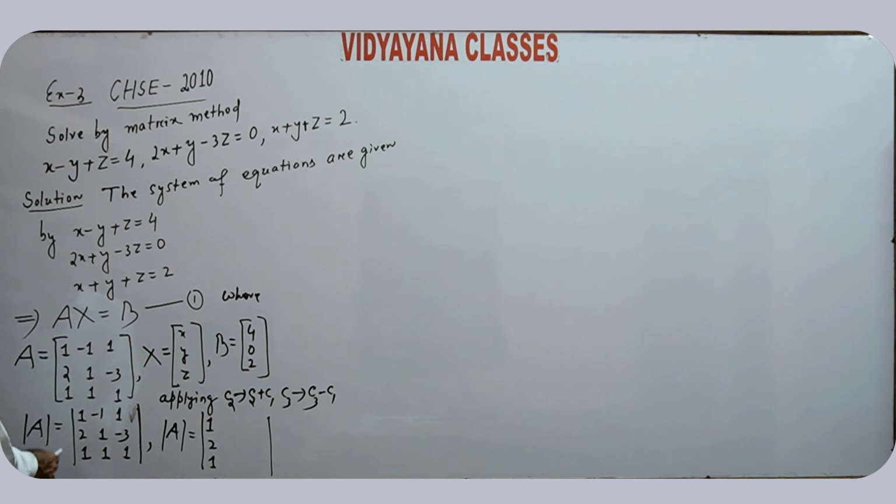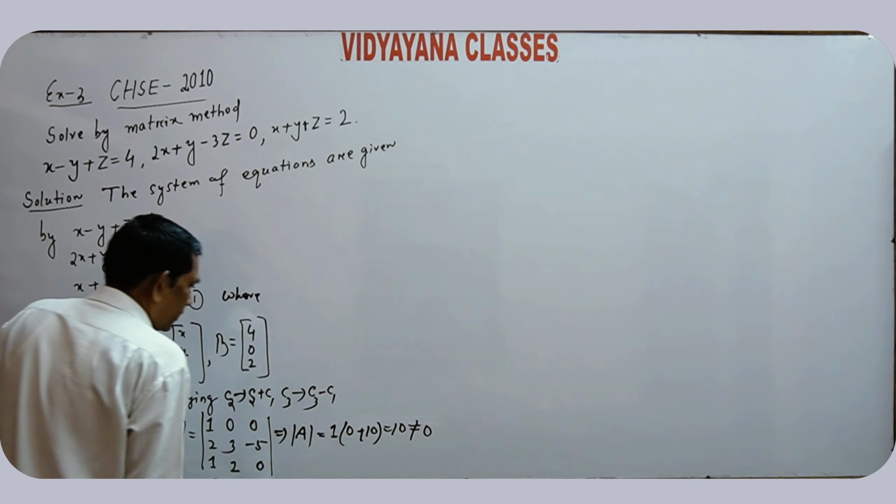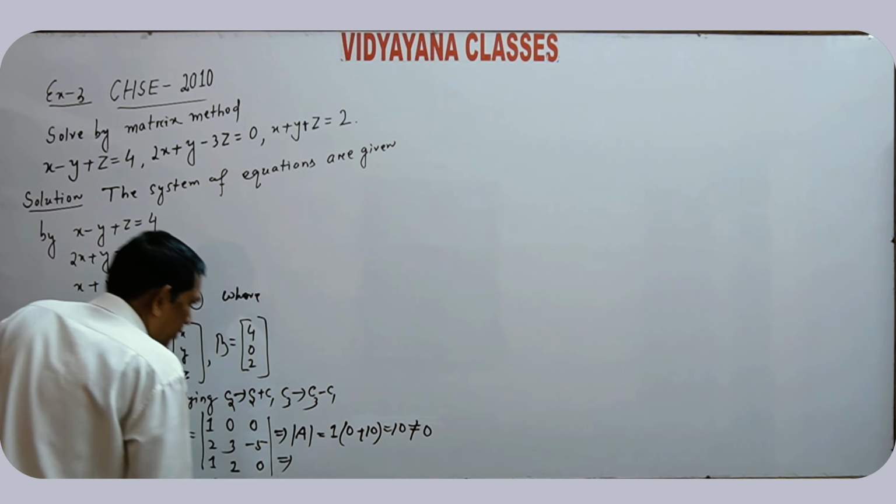Expanding along row 1, A determinant is equal to 1, its sign is positive, 0, 0 plus 10, which is equal to 10, not equal to 0. This implies A determinant not equal to 0.